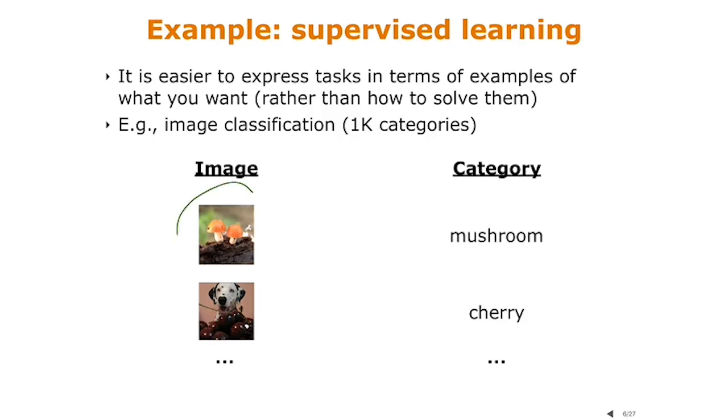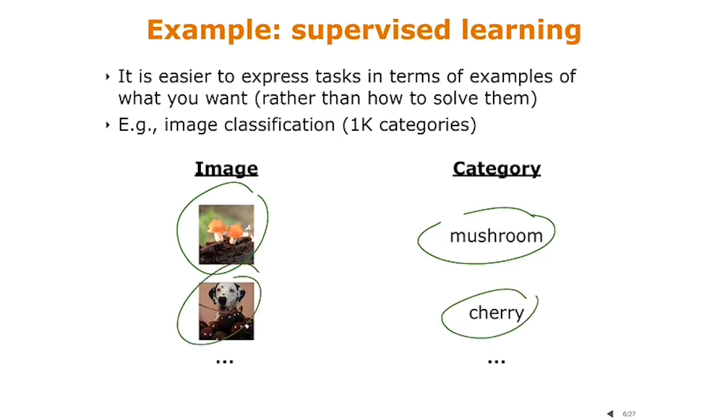I can take an image, I can provide an annotated category for that image, what I want the method to predict, another image, corresponding category, and so on, and now generate a large set of examples that illustrates what the task is. This is typically very easy to do. Okay? I don't have to specify the solution to be able to illustrate the task implicitly through examples.